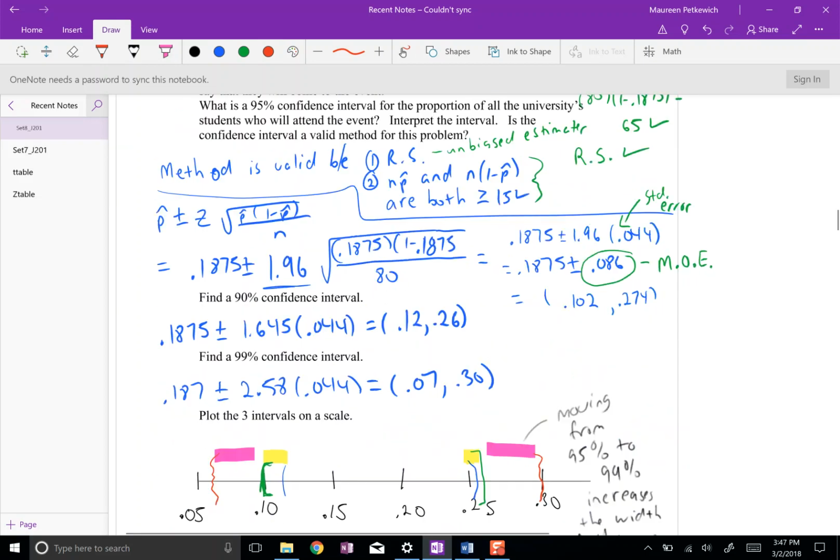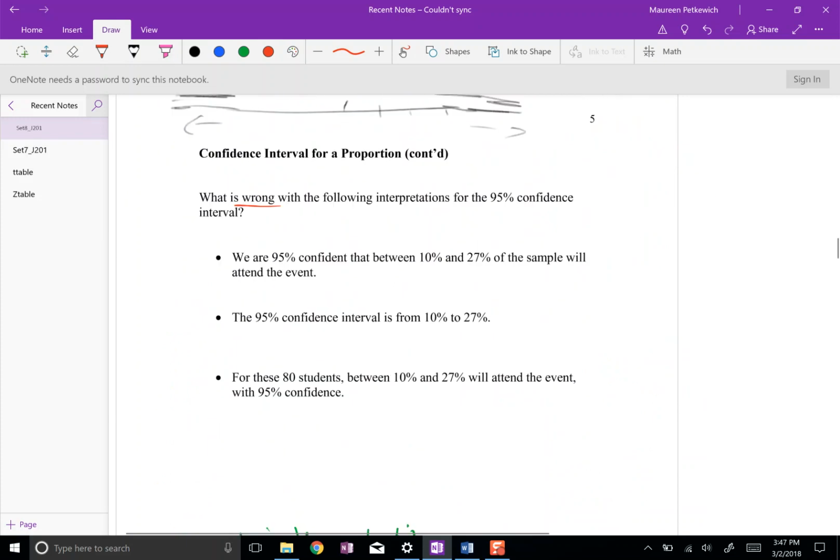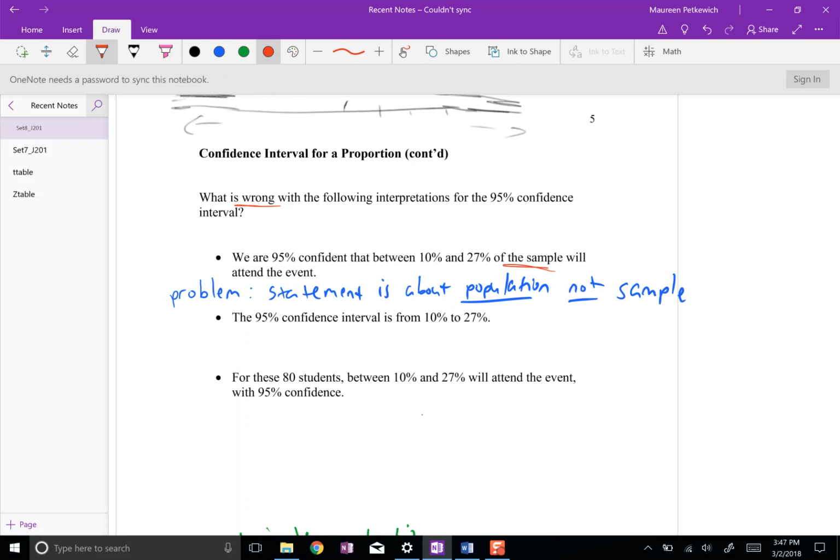It was 0.1875. We don't construct confidence intervals for sample proportions. So this is the issue right here.